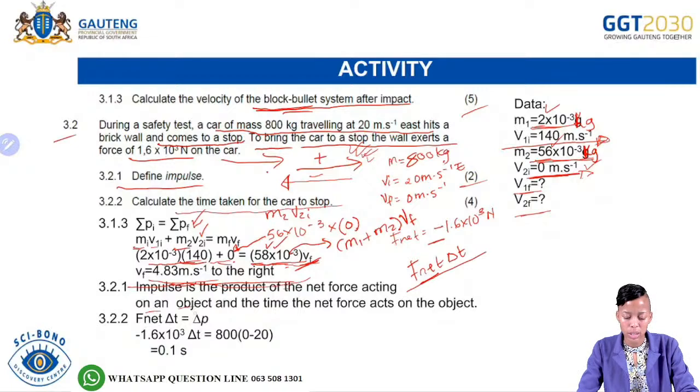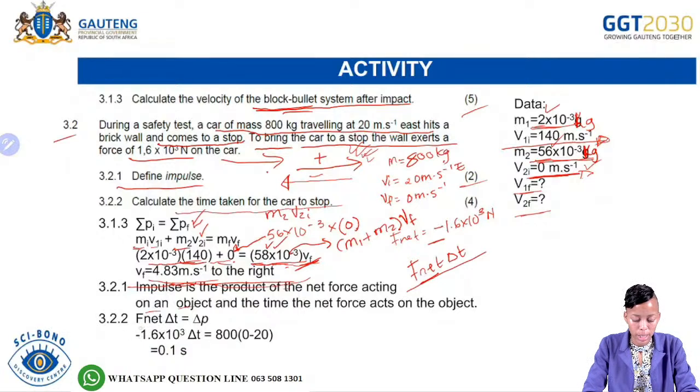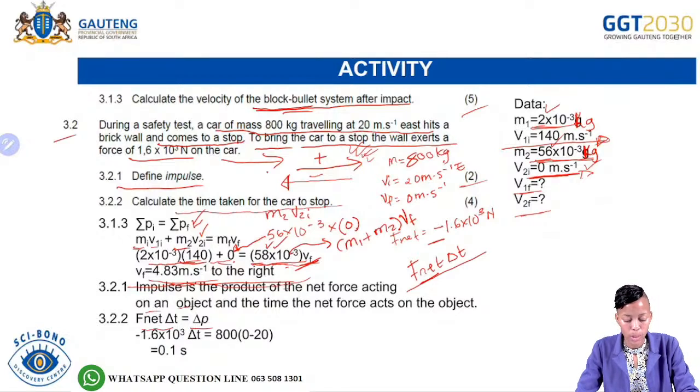From there, initially we had calculated the data, so it would now be easy for us to calculate. On the left-hand side it's F net change in time, equal to the change in momentum. For F net, remember we said we'll have a negative F net, because the wall exerted a force on the car.